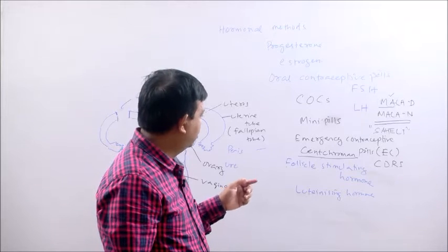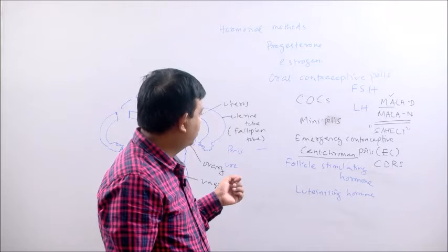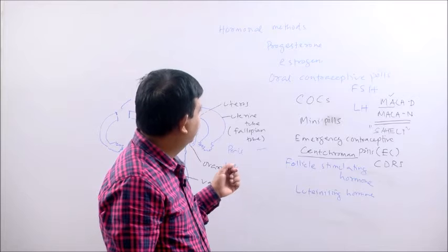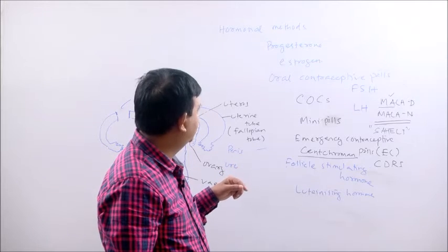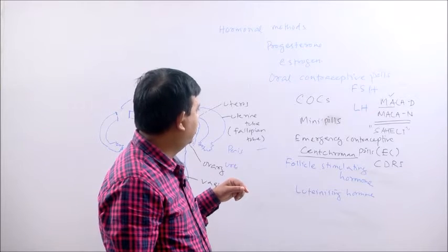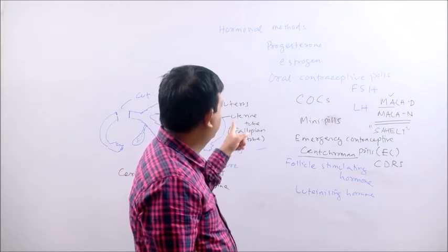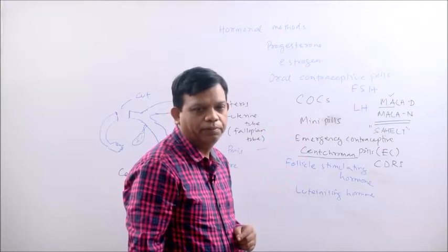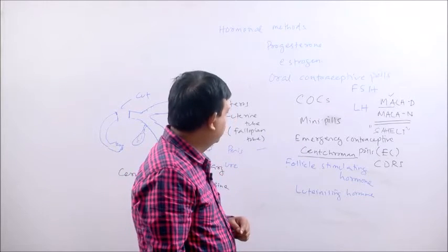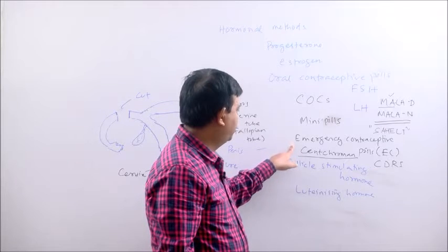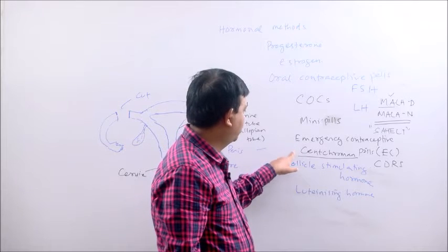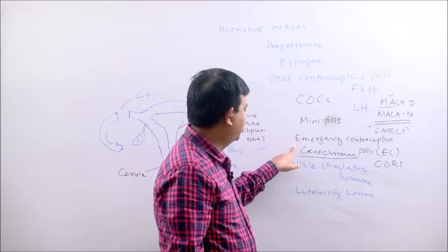These emergency contraceptive pills contain high levels of progesterone and estrogen, and they work like the other oral contraceptive pills. These emergency contraceptive pills are helpful in an emergency situation.